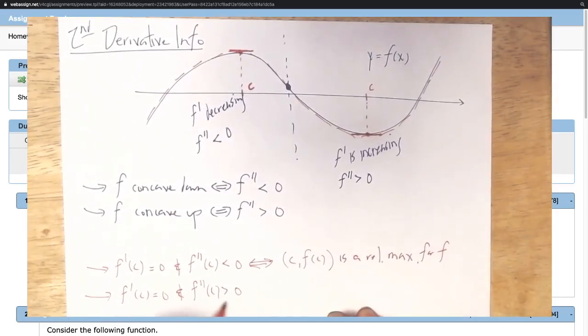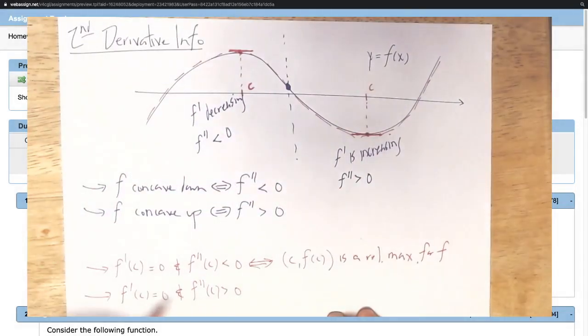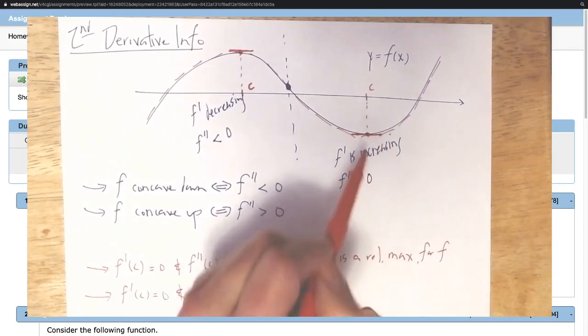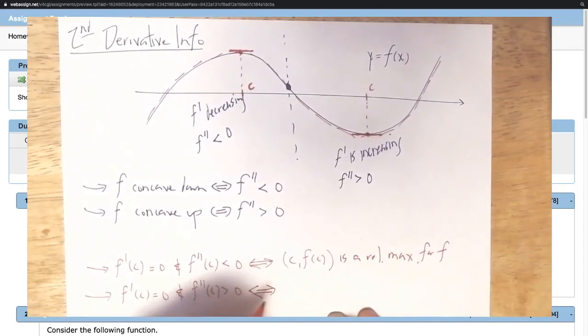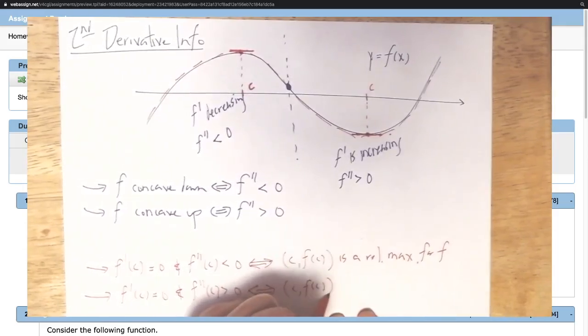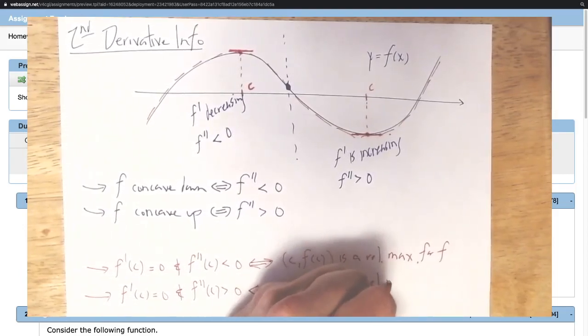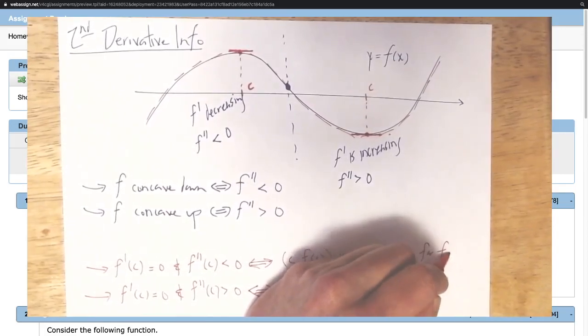First of all, since the second derivative is bigger than 0, you're concave up, so you have that holds water kind of shape. But then since the first derivative at c is equal to 0, you got a flat tangent line. Putting those two things together tells you that you've got to be at a minimum, at a valley in the graph. So c comma f of c is a relative minimum for f.